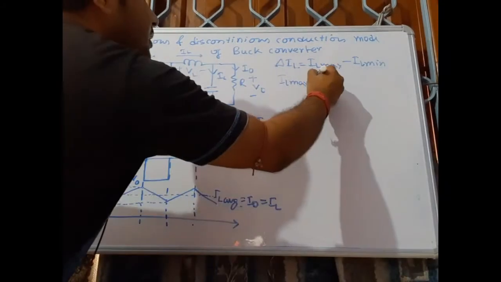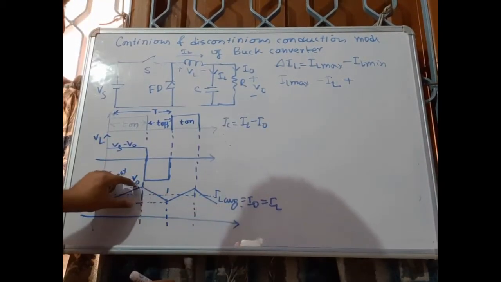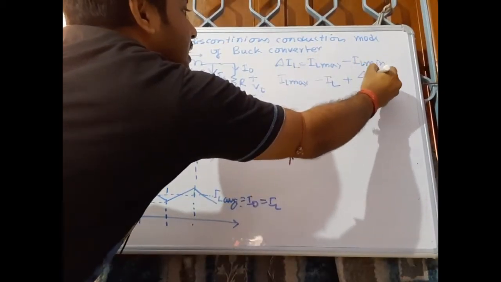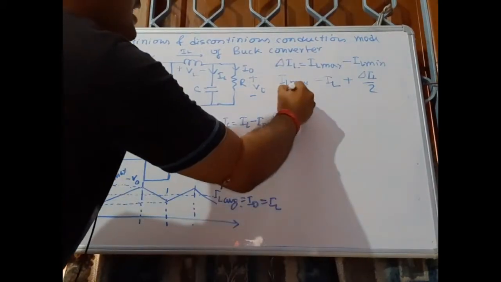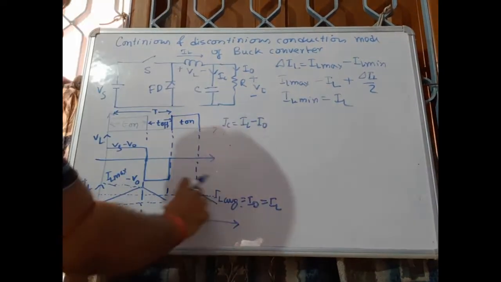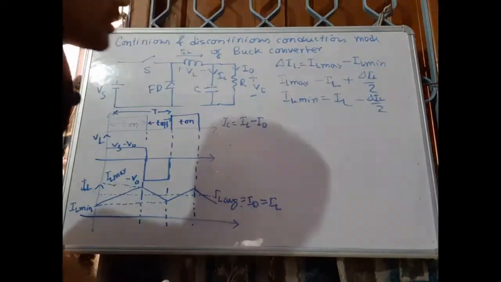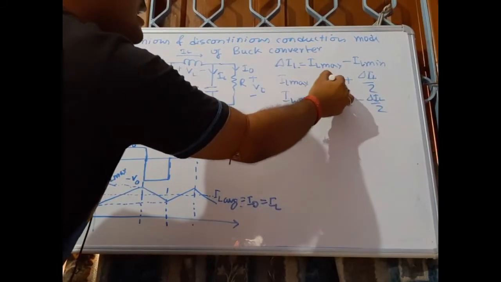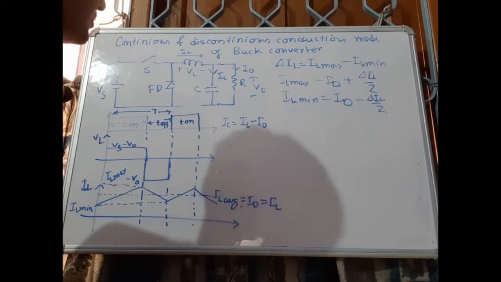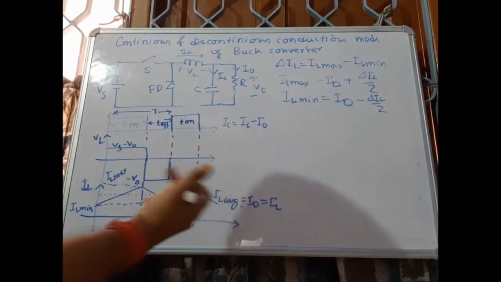So IL max can be written as IL plus delta IL by 2, and IL minimum is IL minus delta IL by 2. Now you can write IL equals I naught as well. In case of IL equal to I naught, the IC is very small.